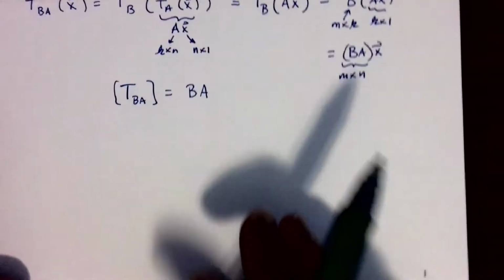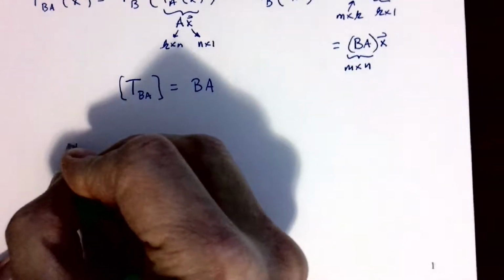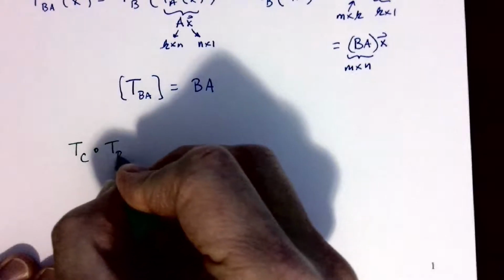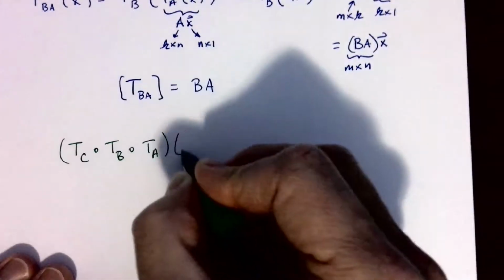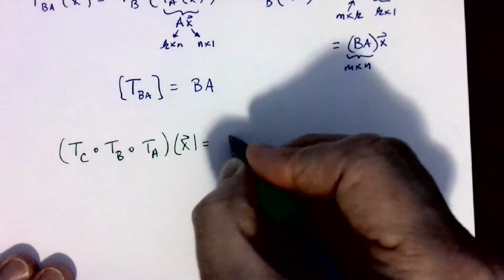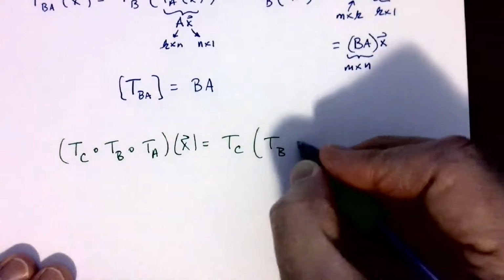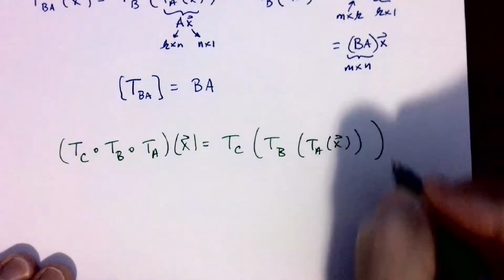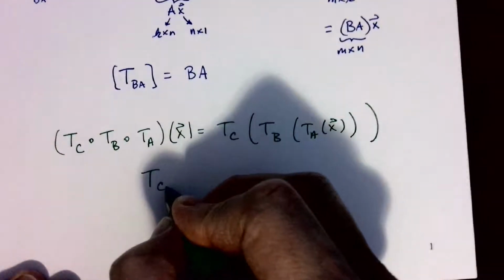So, for example, what would it look like if I had a third transformation, say T sub C, composed with T sub B, composed with T sub A of x. So what do we mean by that? This is T sub C of T sub B of T sub A of x. And we call this matrix transformation TCBA.